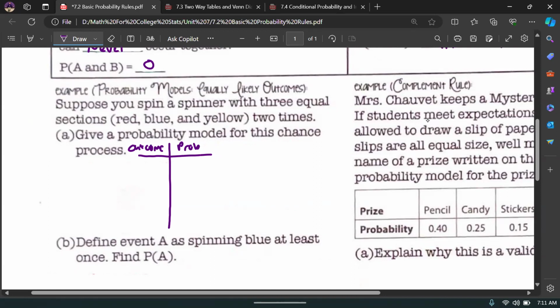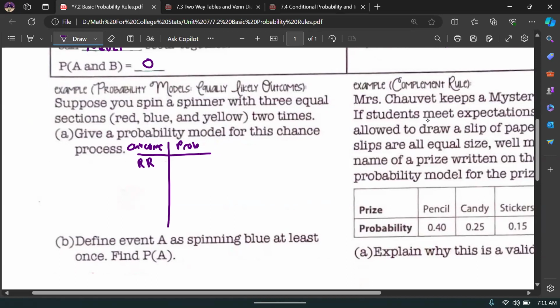I could spin red the first time and red the second time. We'll talk about the probability in a moment. Another outcome could be red, blue, or red, yellow.